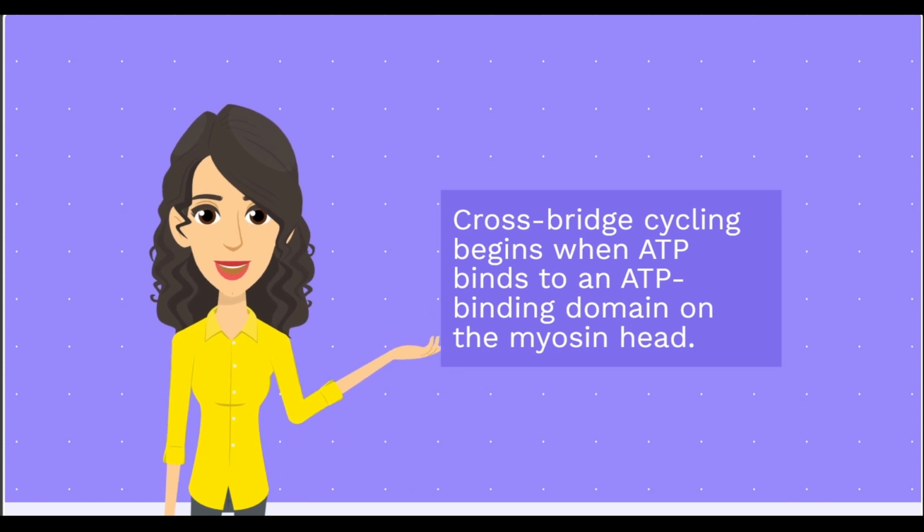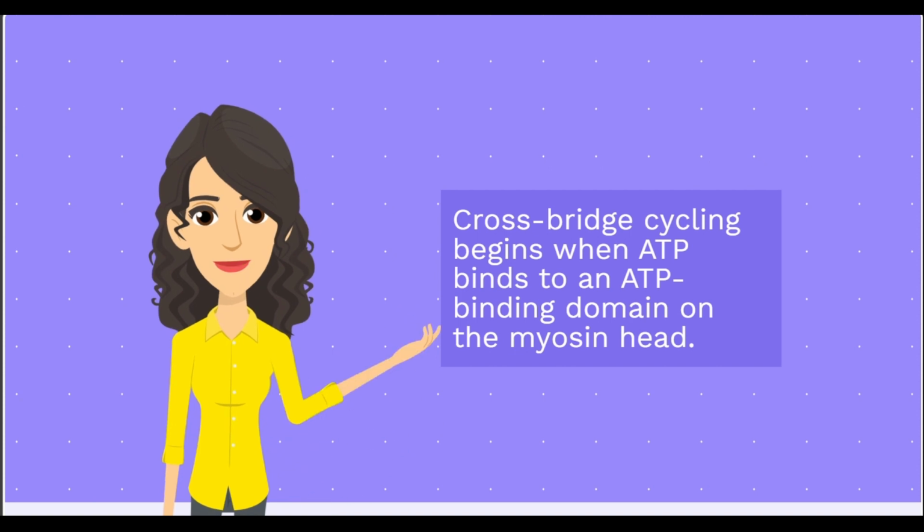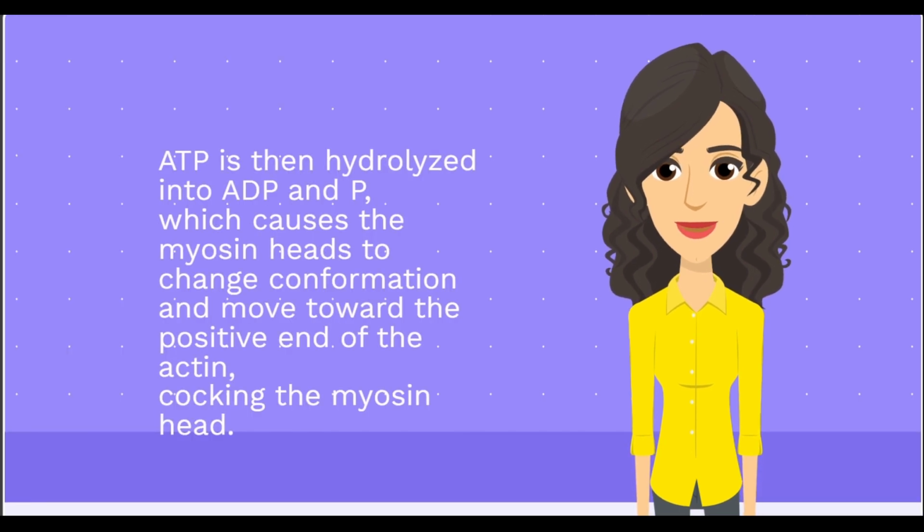Cross-bridge cycling begins when ATP binds to an ATP-binding domain on the myosin head. Myosin dissociates from the actin, breaking the cross-bridge. ATP is then hydrolyzed into ADP and P, which causes the myosin heads to change conformation and move toward the positive end of the actin, cocking the myosin head.